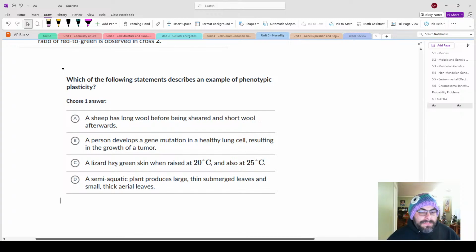But let's read it. Let's go ahead and read it. A semi-aquatic plant produces large, thin, submerged leaves and thick, aerial leaves based on the environment, right? When the leaves are submerged, they are thin and big. When they are in the air, they are small and thick in order to accommodate their environments.